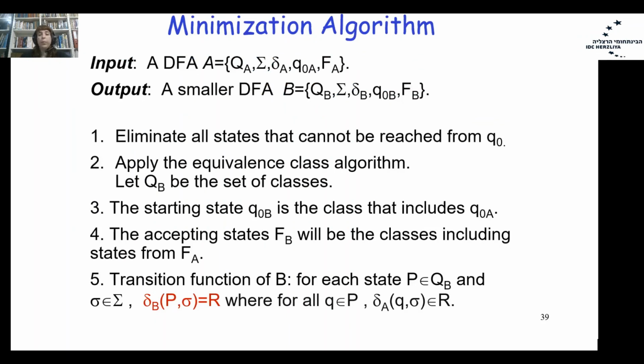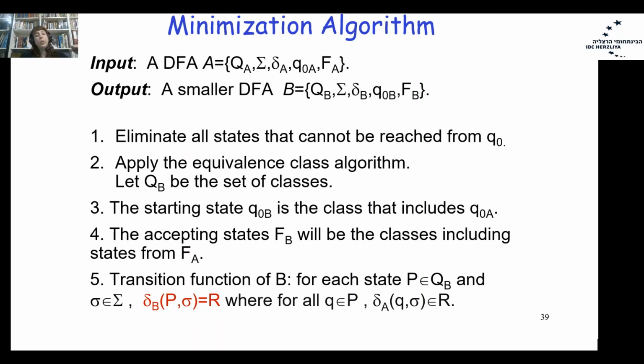Okay, so we are given some deterministic finite automaton A, and we would like to build a smaller DFA B. First of all, we will start with elimination of all states that cannot be reached from Q0.